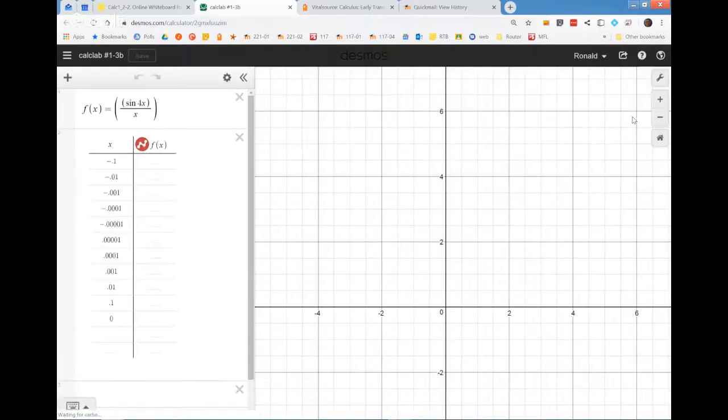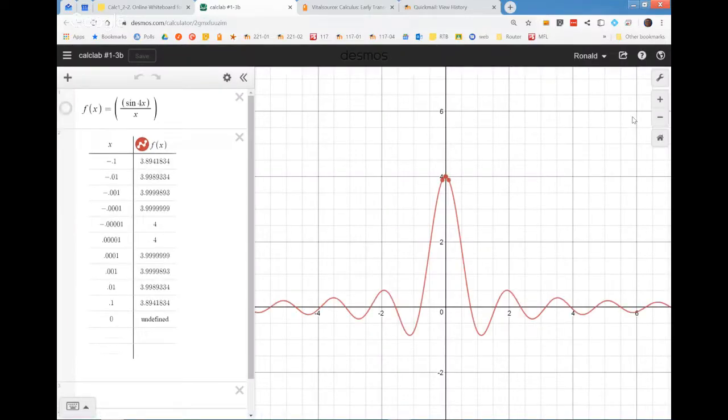Let's take a look at that graphically. This is a kind of interesting looking function here, and you can see that as we're picking points like -0.1, at that time the y-coordinate is 3.894.